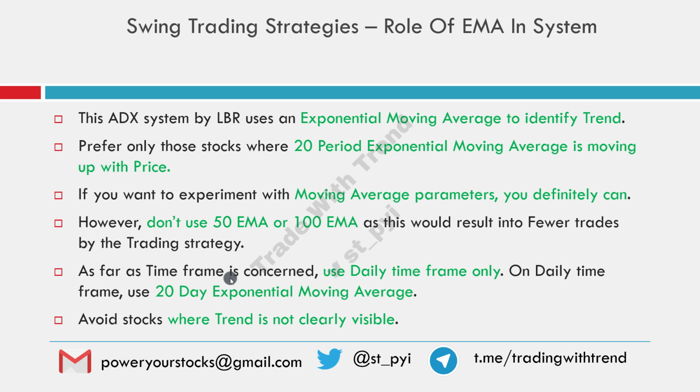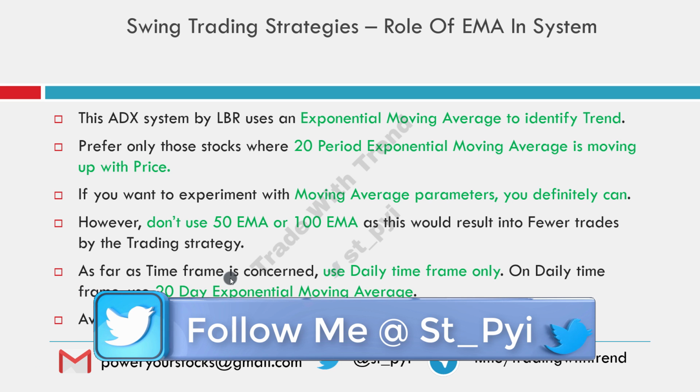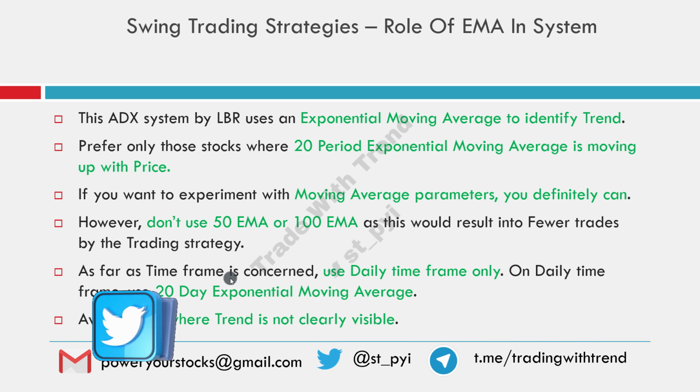Now as far as time frame is concerned, only use the daily time frame. On the daily time frame, use a 20-day exponential moving average. These were the parameters that were given by LBR herself. So avoid using this particular strategy on a shorter time frame, as this would lead to whipsaws on the long or short side.